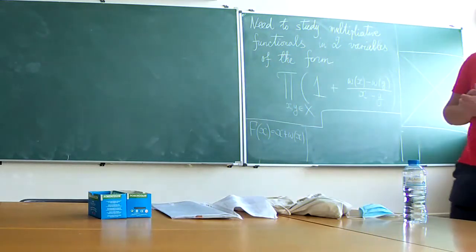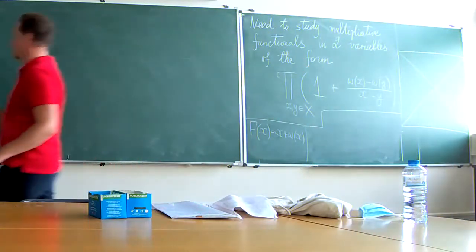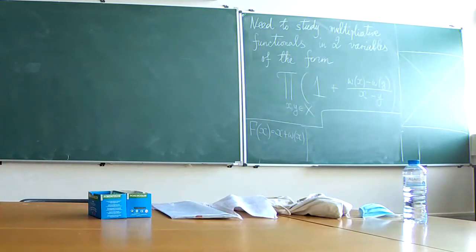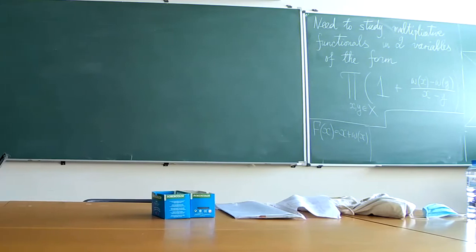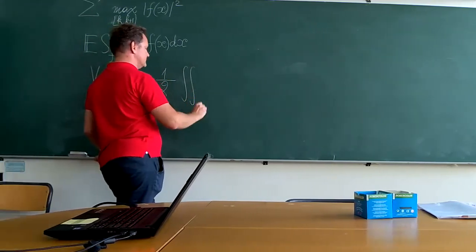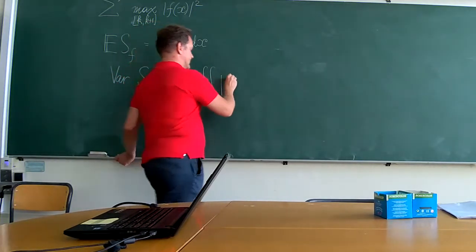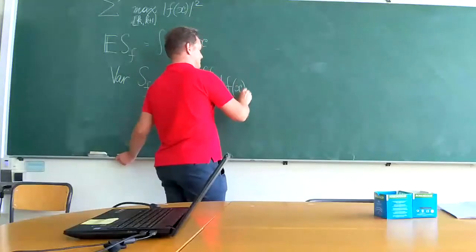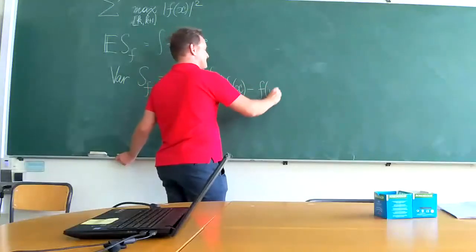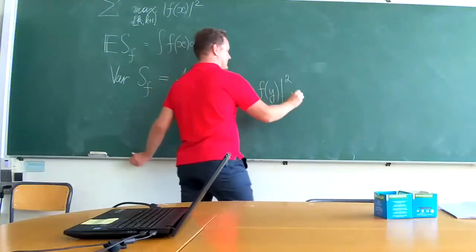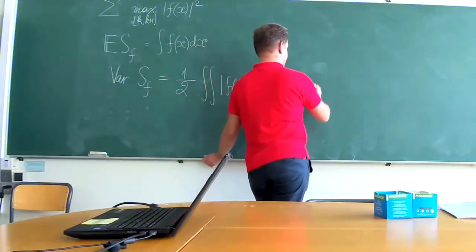In fact, for example, the variance of this additive function can be written in a very beautiful form. It's a little exercise with the determinantal structure. And it is computed like this.